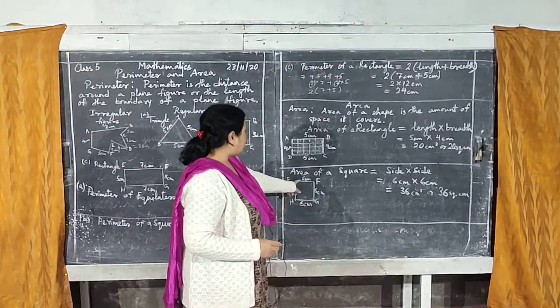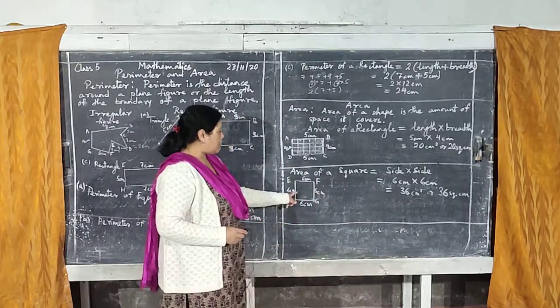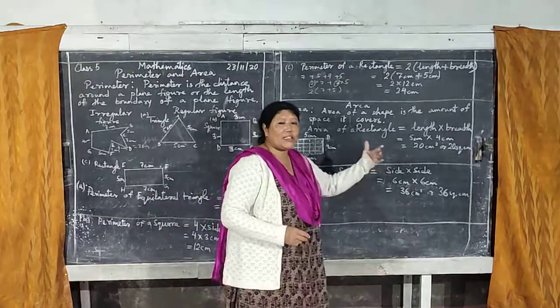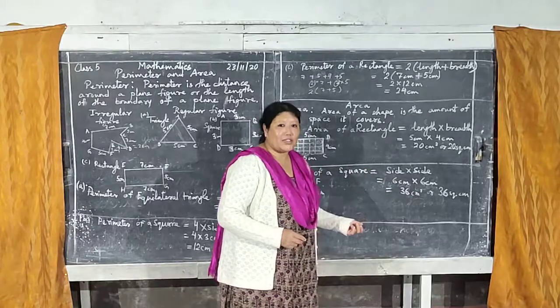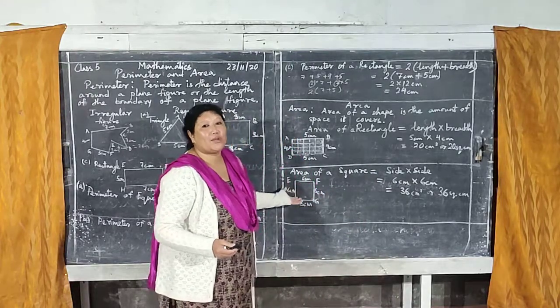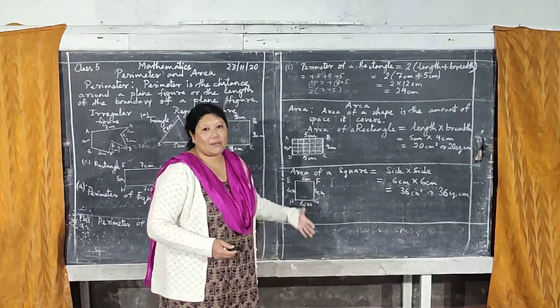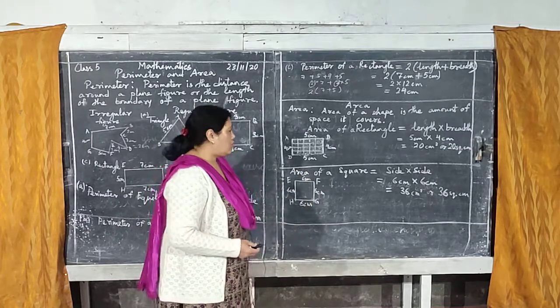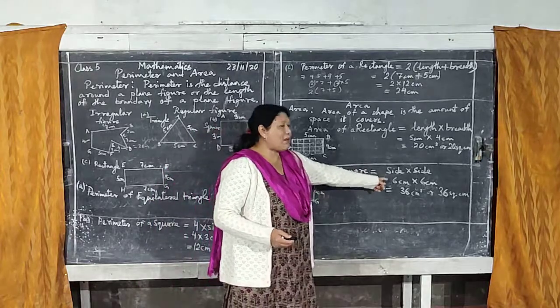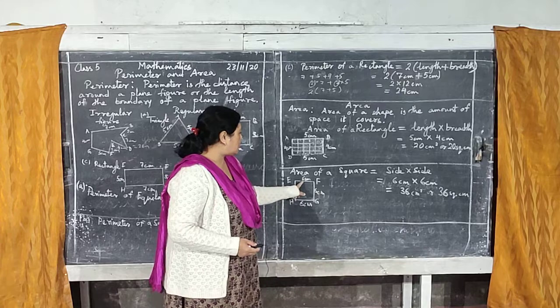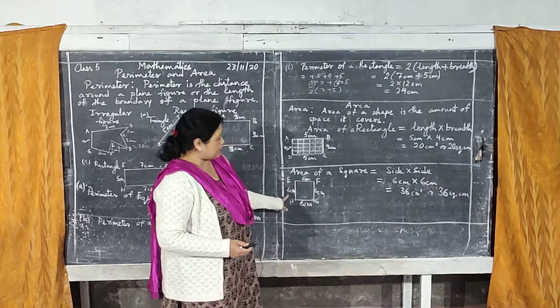Now area of a square. If it is a square like this, there also you have to multiply length and breadth, but there is no separate length and breadth in a square because all the sides are equal. So what to do? You multiply side and side. All these are the same, 6 centimeter, 6 centimeter, 6 centimeter.